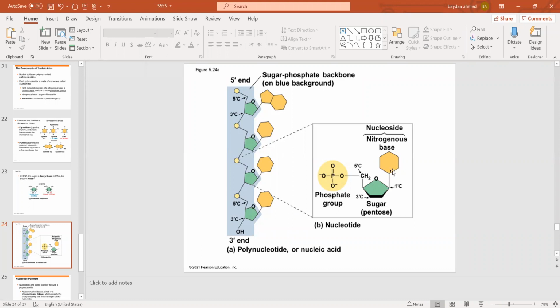When they attach with a phosphate group, we call this compound a nucleotide. To complete the construction of a nucleotide, we attach one to three phosphate groups to the 5-carbon sugar, and we now form the nucleotide.